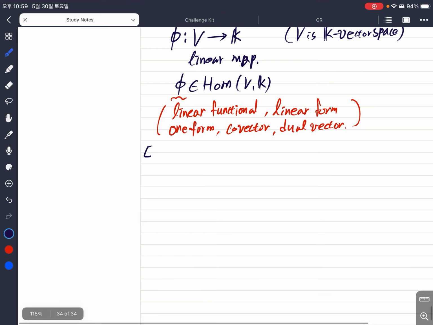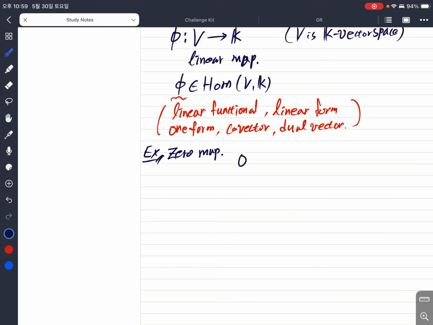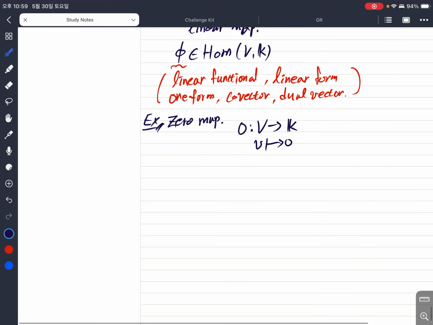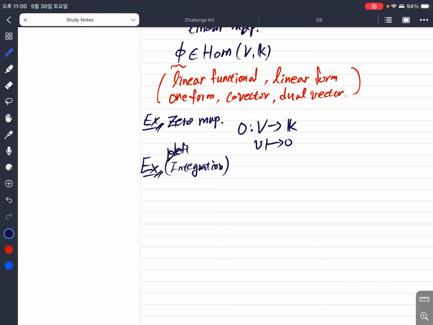An example is, of course, the zero map, from V to K, which gets every v and sends it to just the number 0. Another interesting example is integration, but not the normal one, it is definite integration.